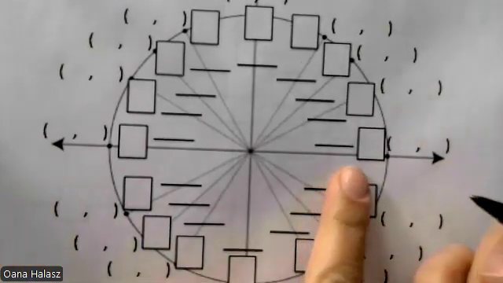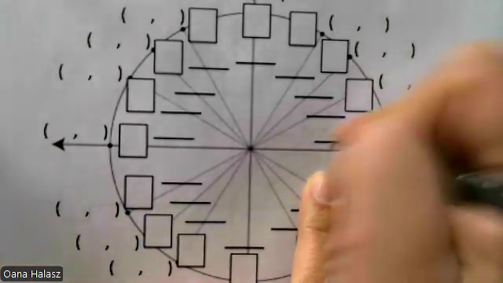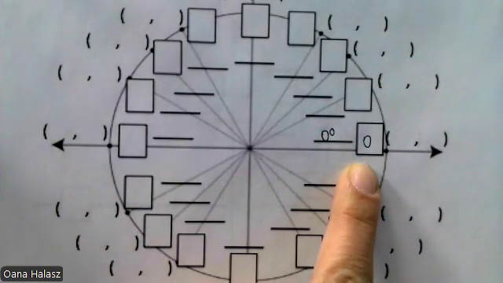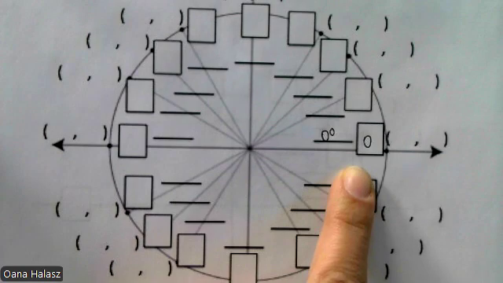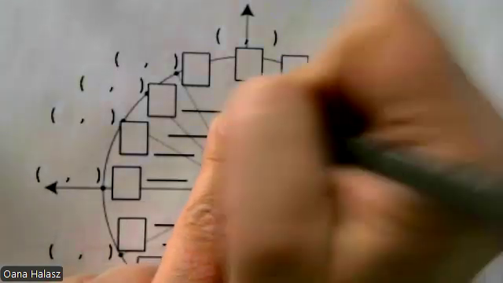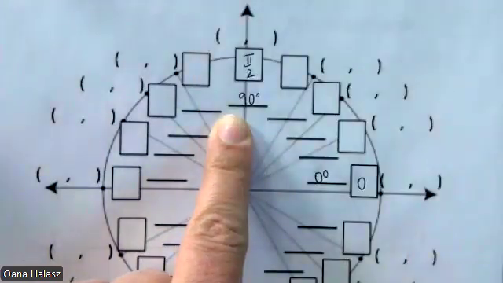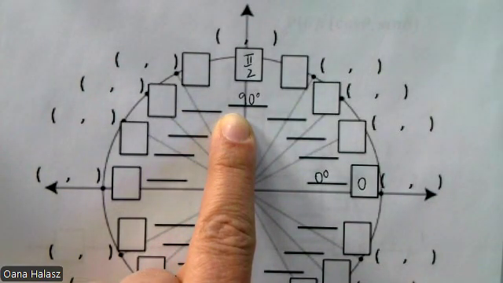So the quadrantal angles, let's start with 0. This is going to be 0 degrees here, and this is 0 radians. And then the next one, that's 90 degrees, and that's pi over 2 radians, that rotation.